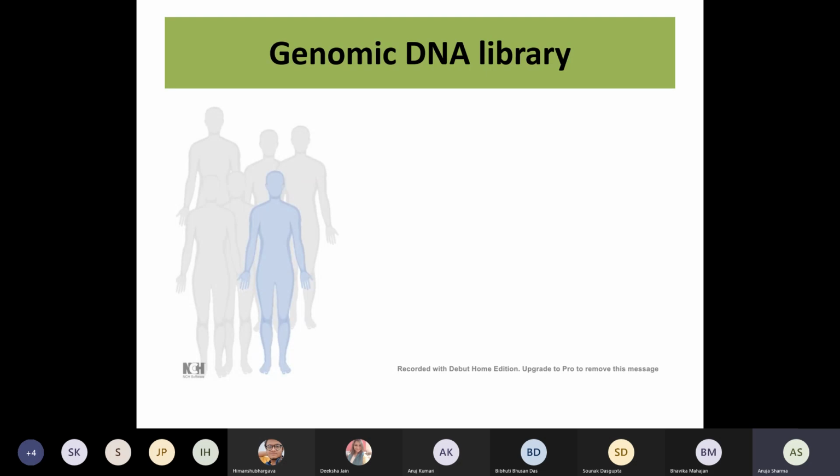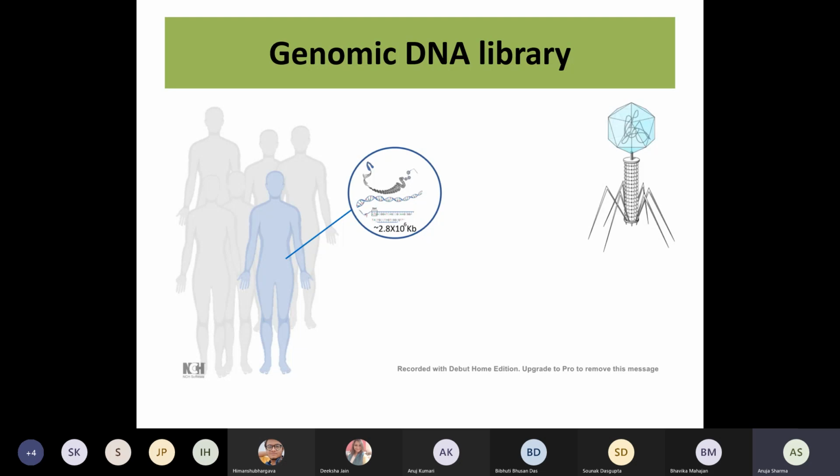Now, if we talk about the human genome, which is somewhere around 2.8 into 10 to the power 6 kilobase pairs, and we desired to clone it, I wanted you to appreciate how difficult it would be. Let's say we restriction digest this whole genome, and for a moment assume that we are going to clone it inside a bacteriophage, and the insert size of our fragment would be 20 kb.